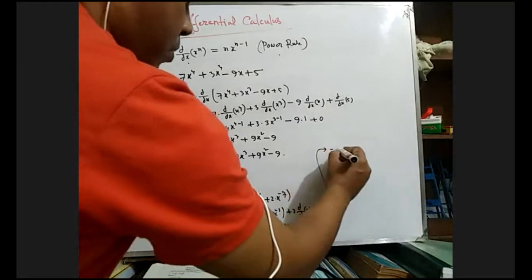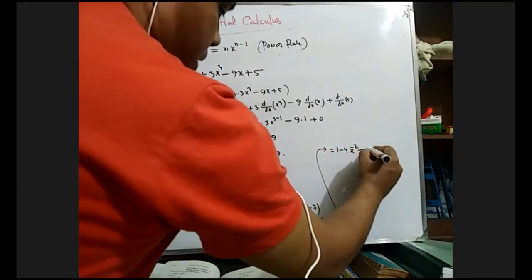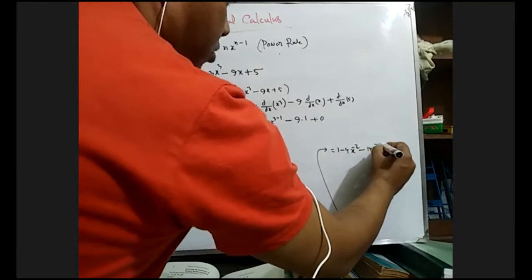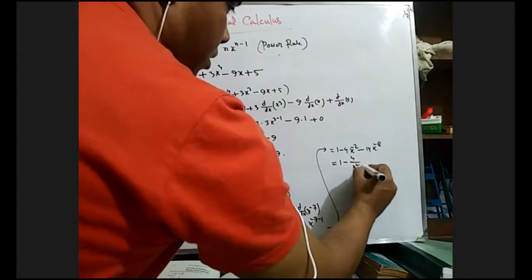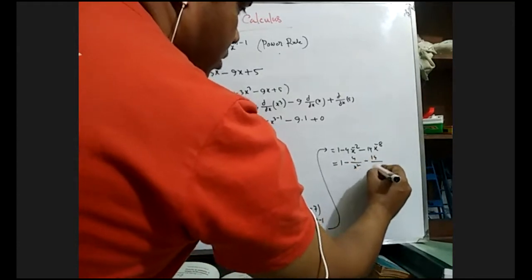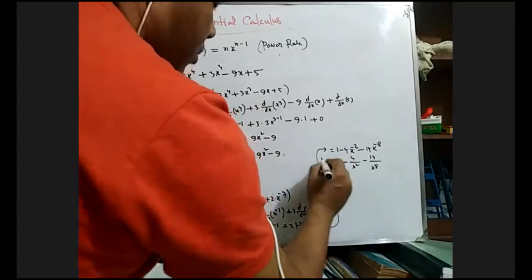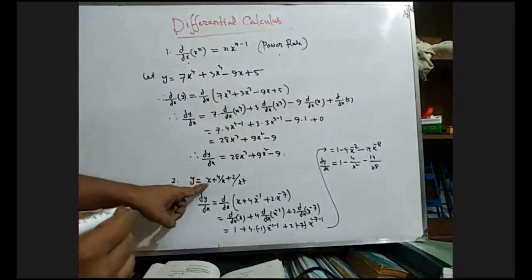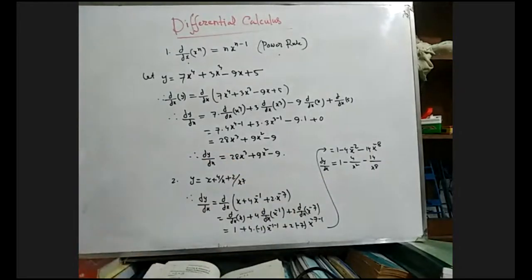That means we get 1 minus 4 x to the power minus 2 minus 14 x to the power minus 8. This is the result, dy/dx. The differentiation of y with respect to x is this result. Very easy.